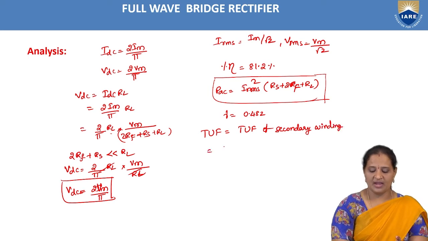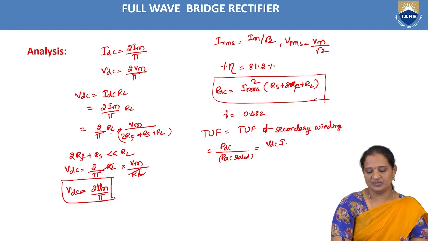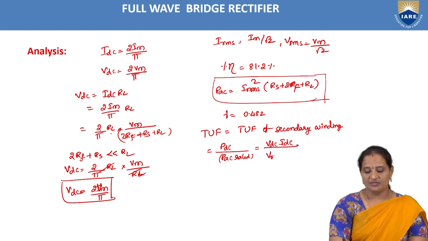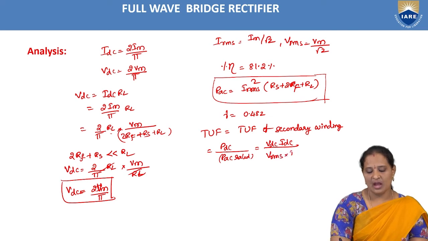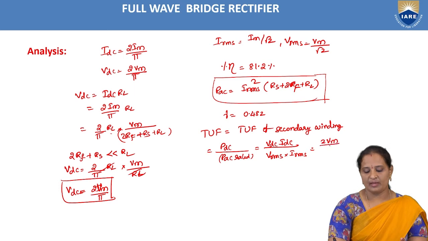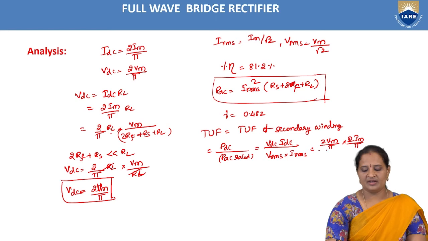That is given by PDC divided by PAC rated. PDC is nothing but VDC into IDC, and PAC is nothing but VRMS into IRMS. So that is 2 Vm by pi into 2 Im by pi, divided by Vm by root 2 into Im by root 2.